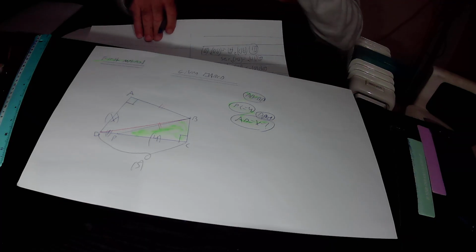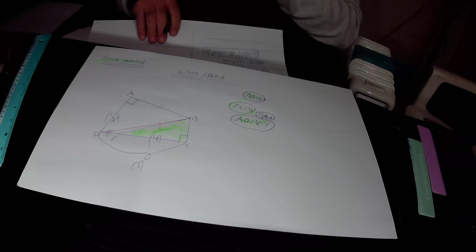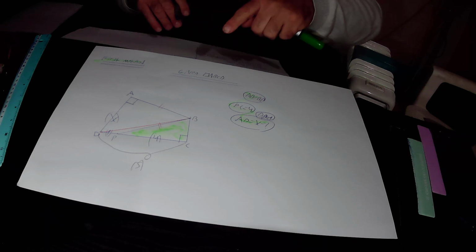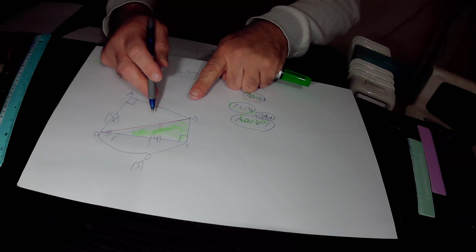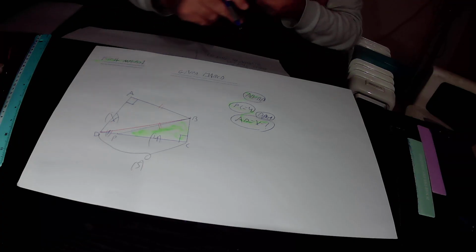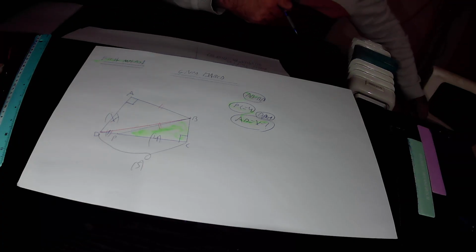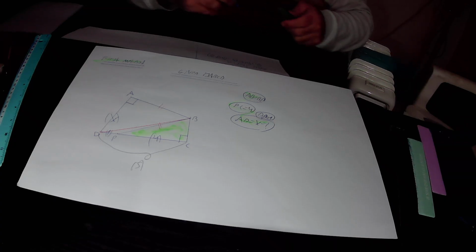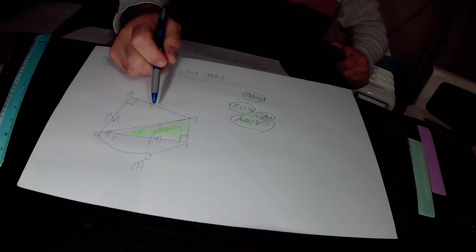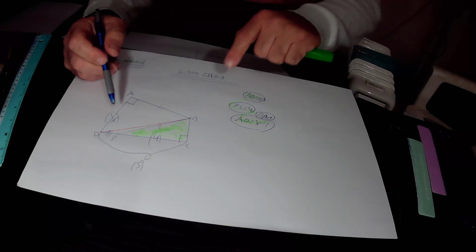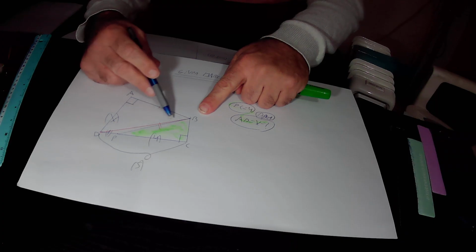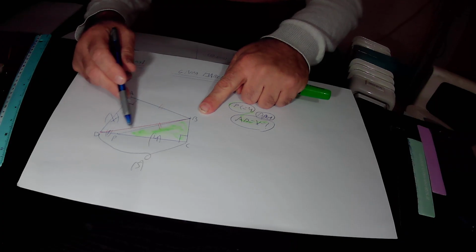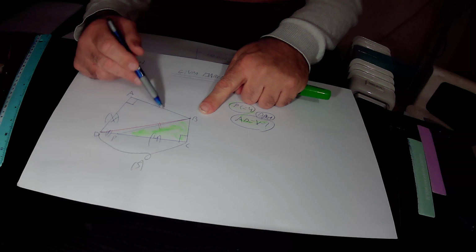According to what is given in the question, PA equals AB. So PB, the hypotenuse of the green right triangle PBC, equals AB according to what is given in the question.